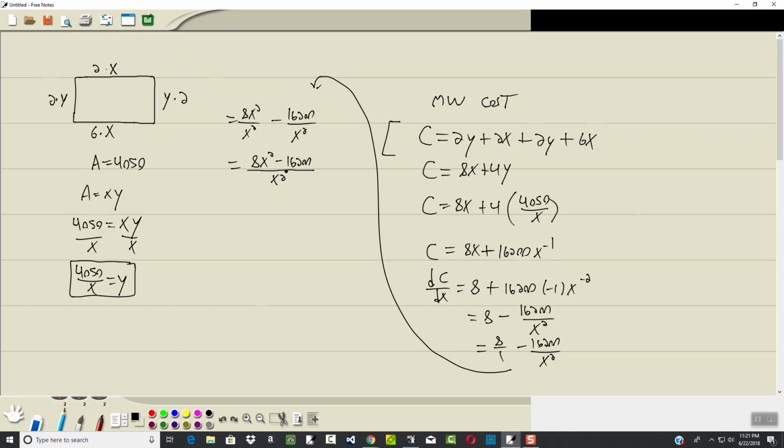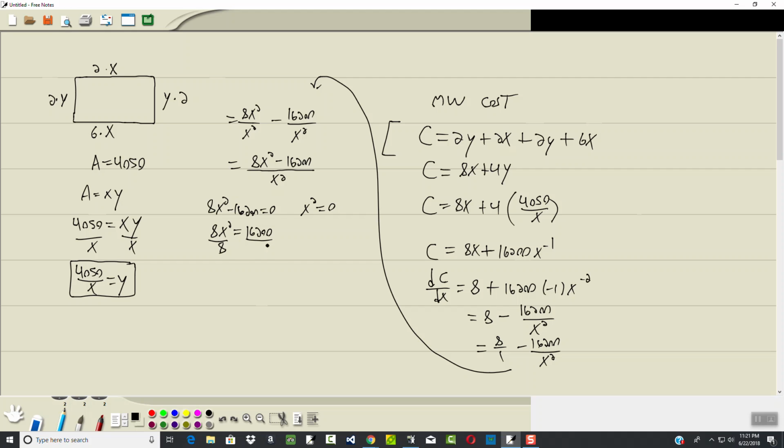Now up on top, I could maybe factor out an 8, but that doesn't matter. I'll set top equal to 0. Set the bottom equal to 0.